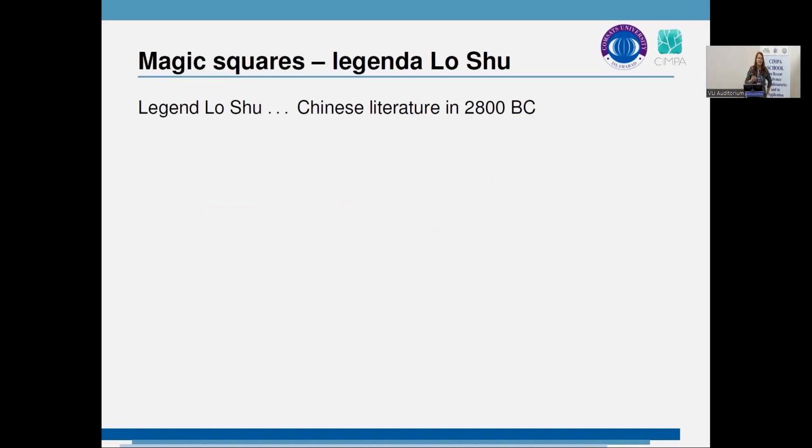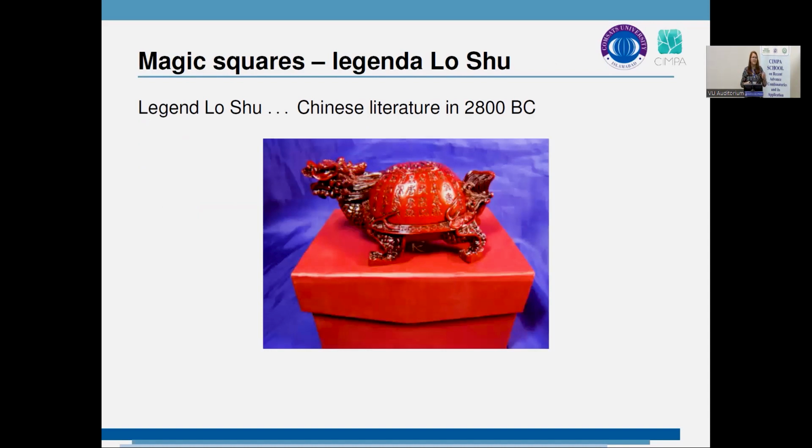Magic squares, when we would like to start with magic squares, we have to go very far back in history. We can find the first magic square in Chinese literature, many years ago. There is a very well-known legend about the turtle of Lo Shu, and this turtle should help people to bring them happiness and to prevent a flood that was there during that time, and it should help to protect the people.